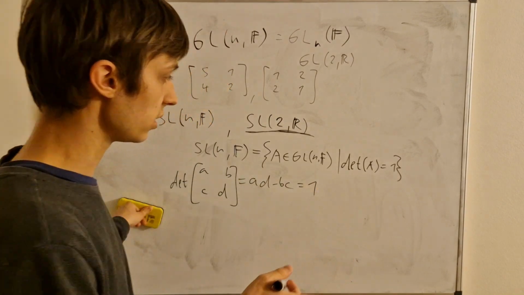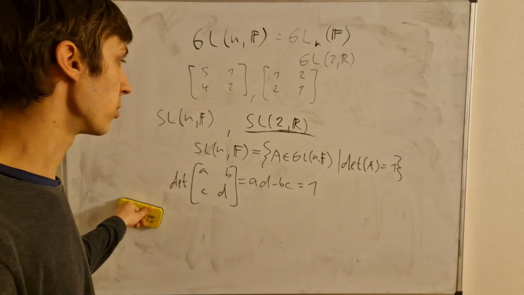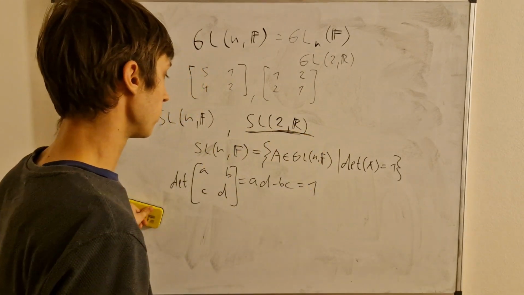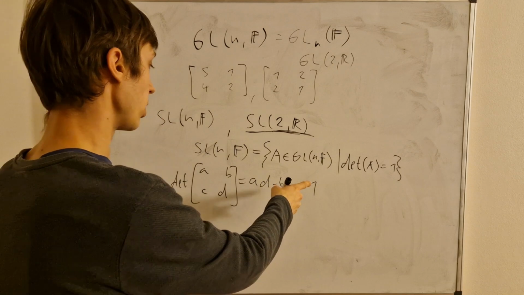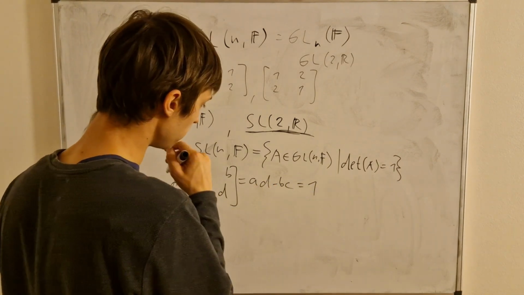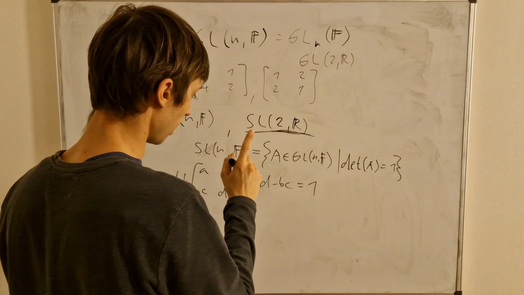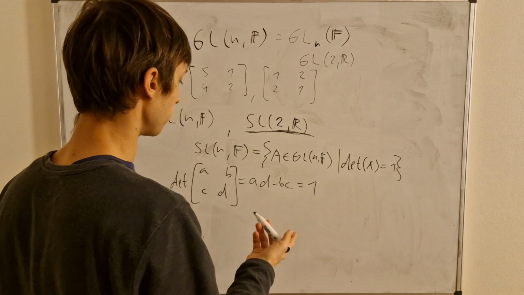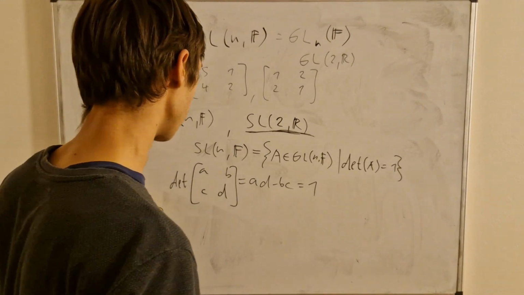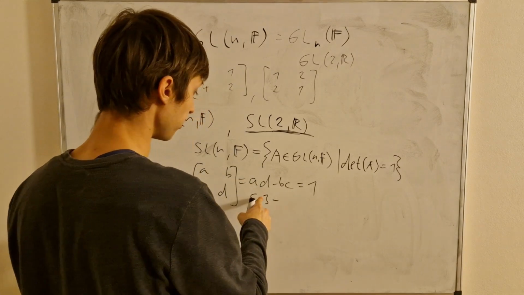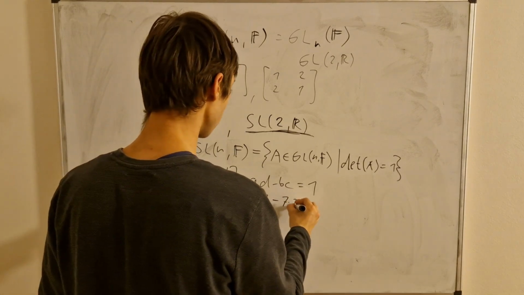Then such matrices will be members of SL2R, 2 by 2 matrices with determinant equaling 1. So for that, AD could be, should be actually, well, we can choose almost anything for now. So I could do 5 times 3 minus, and now I have 15, I need 14, so 7 times 2.